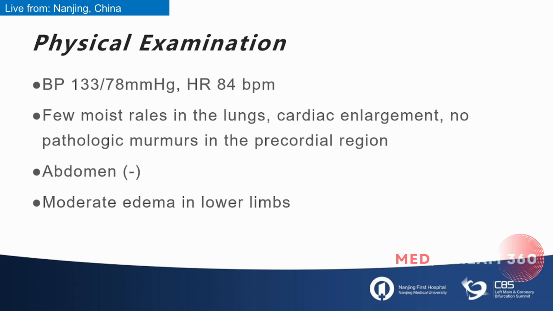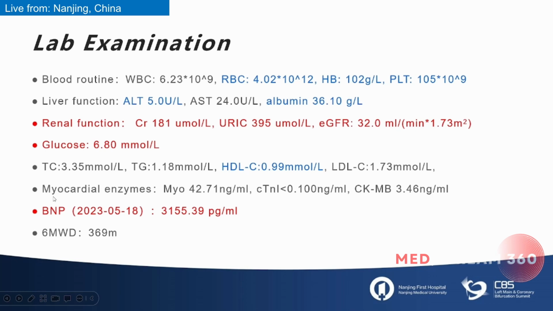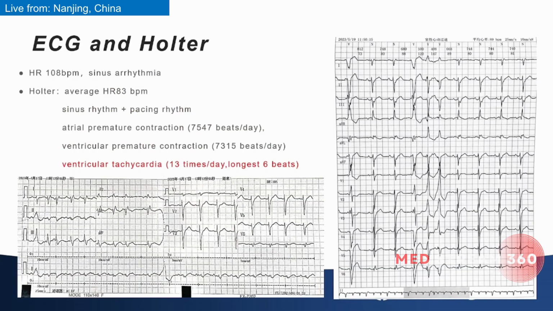The physical examination on admission revealed moist rales in the lungs, cardiac enlargement, and moderate edema in the lower limbs. The laboratory examination after admission shows that the patient has renal dysfunction, his eGFR is only 32 milliliters per minute, and his BNP is remarkably elevated.